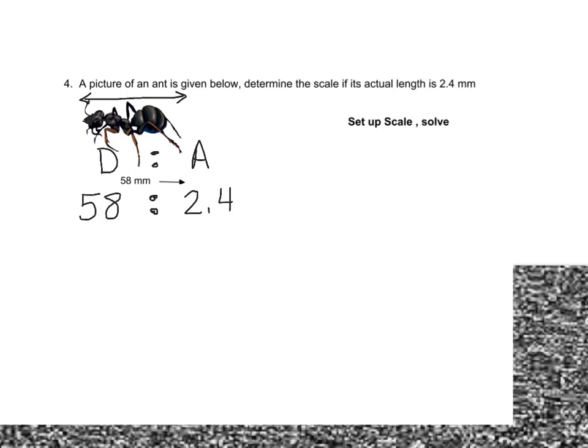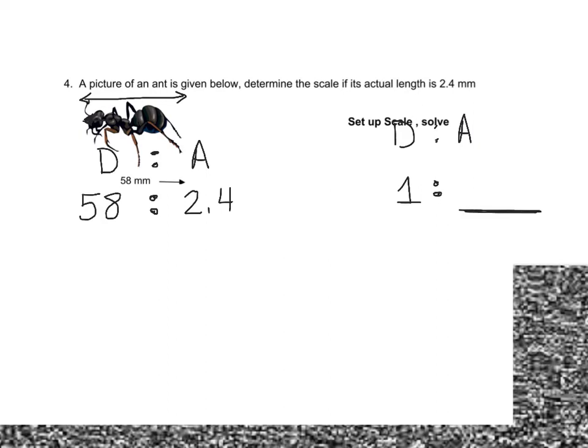Okay? Now, how do you solve a scale? Remember, a scale is always diagram to actual. Now, in order to solve, we always want the diagram number to be 1. So 1 millimeter is the same as something in real life. Okay?